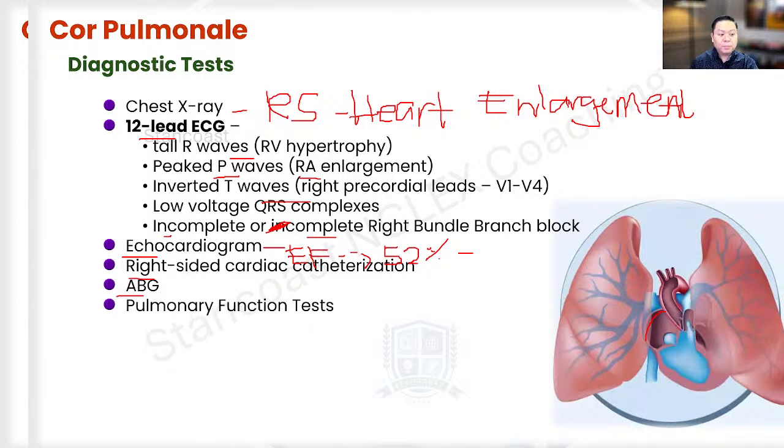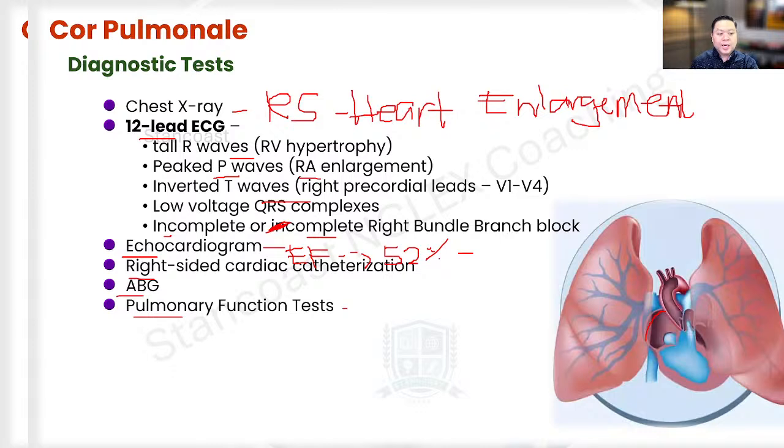Now, for the pulmonary function tests, the PFTs. These are going to be helpful in giving us an idea that the cor pulmonale itself has been caused by chronic conditions in the lungs, like COPD.